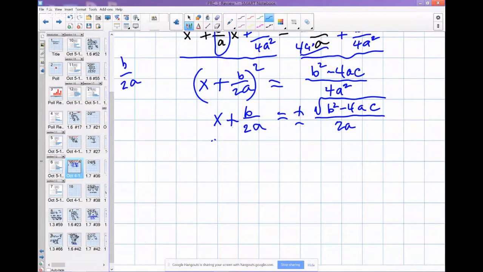All we have to do is get rid of this plus b over 2a, so we subtract that from both sides.